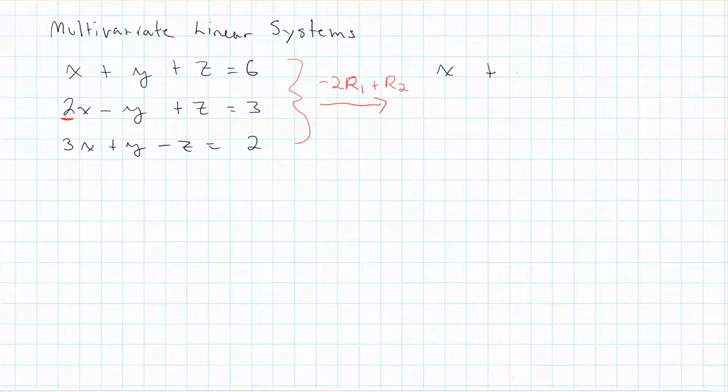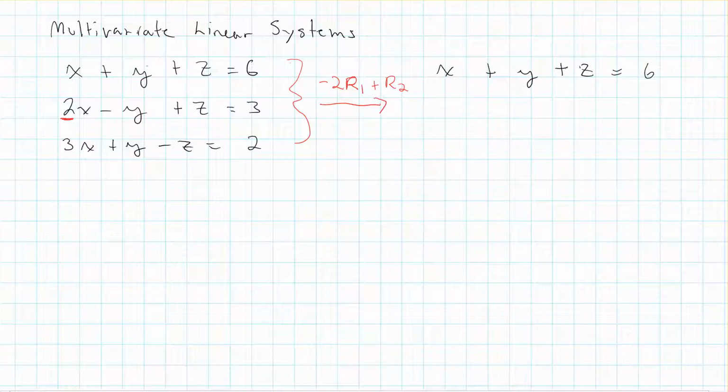So I have x plus y plus z equals 6. Now let's do this row operation. So I have -2 row 1. So I have -2 times x, -2x plus 2x. That's 0, so I'm not going to write anything.